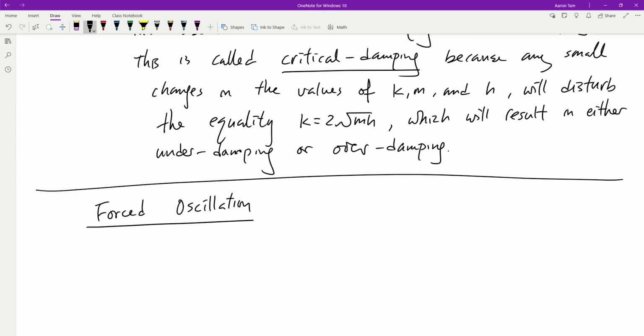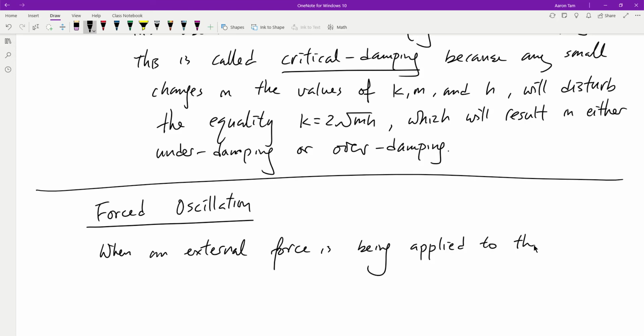So the last case is what we call forced oscillation. When an external force is being applied to the piston, we have a forced oscillation.